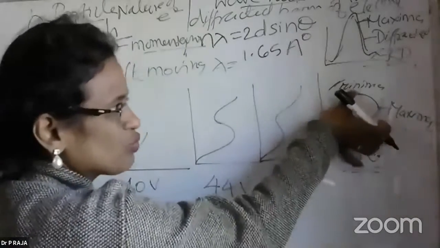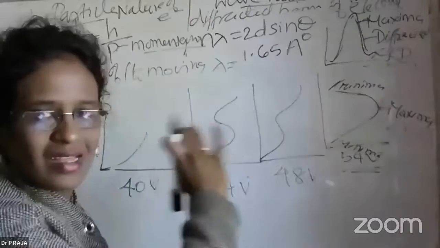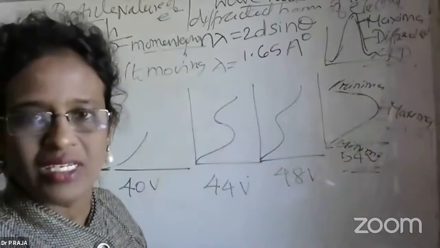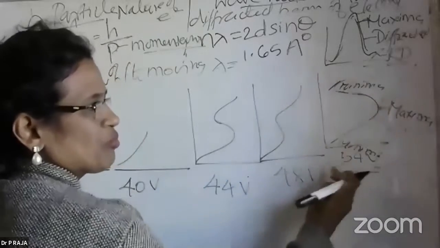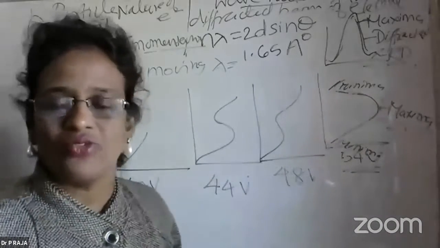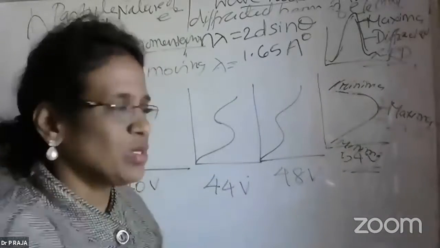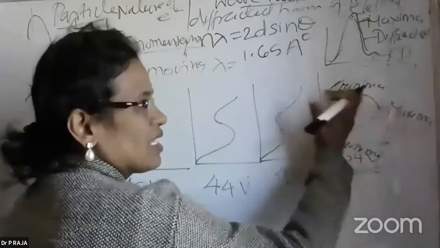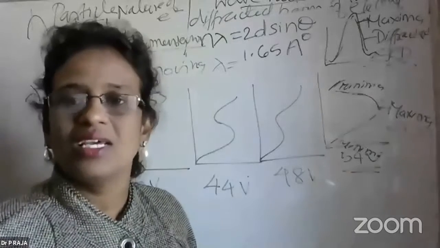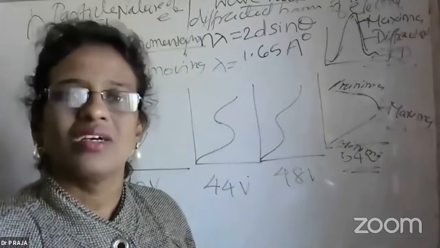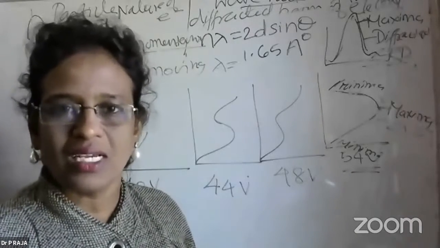So this proves that at 54 volt and at an angle of 50 degree, you will be able to get in the nickel crystal a proper diffraction of the beam with a wave pattern like this. And so this proves that there is a wave pattern for the electron after diffraction from the nickel crystal.